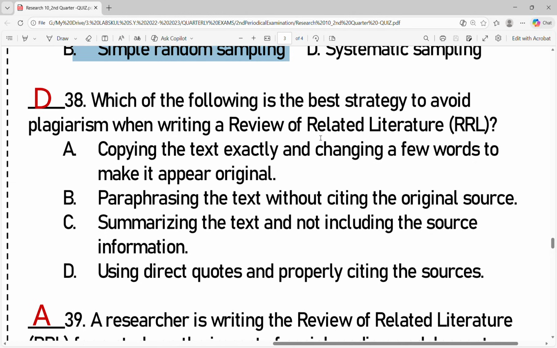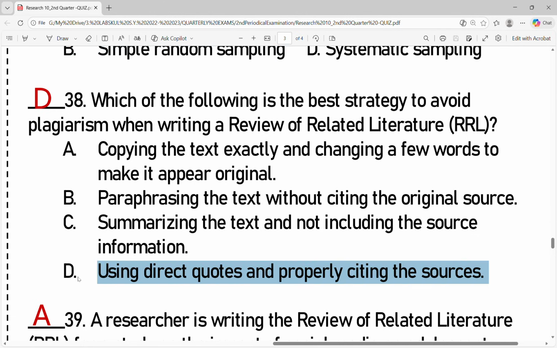Number 38, which of the following is the best strategy to avoid plagiarism when writing a review of related literature? So the answer here is letter D, using direct quotes and properly citing the sources. So, we should have in-text citations, either narrative or parenthetical in-text citation. As long as you cite the author or whoever says that particular quote that you have directly used.